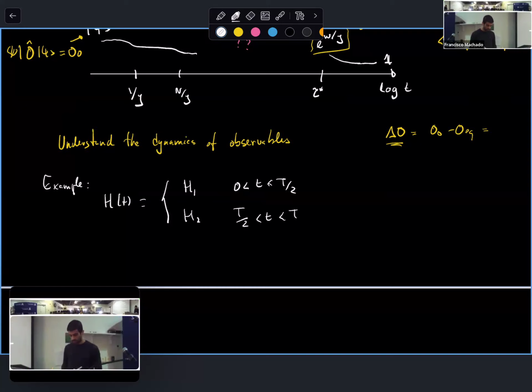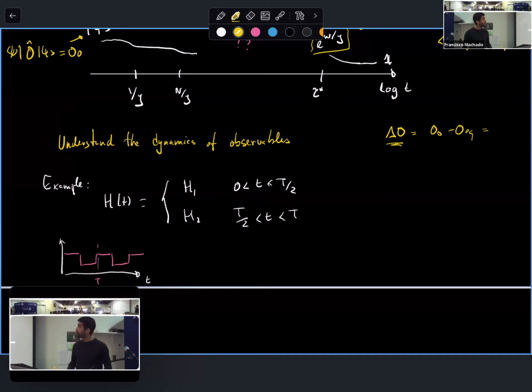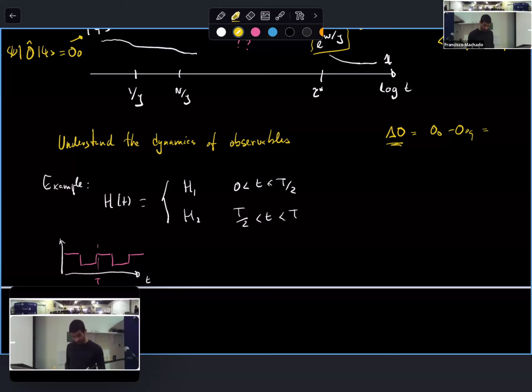This is analogous to the picture that I drew yesterday, where I have some time, and my Hamiltonian is effectively a step function that is periodic in time. So it turns out that if you have this kind of dynamics, it's very easy to compute the unitary that generates my dynamics, right?